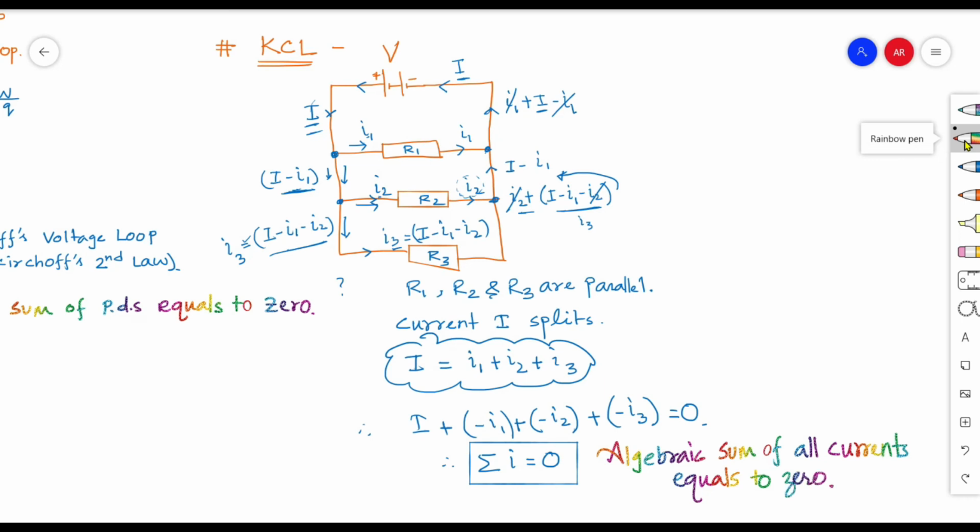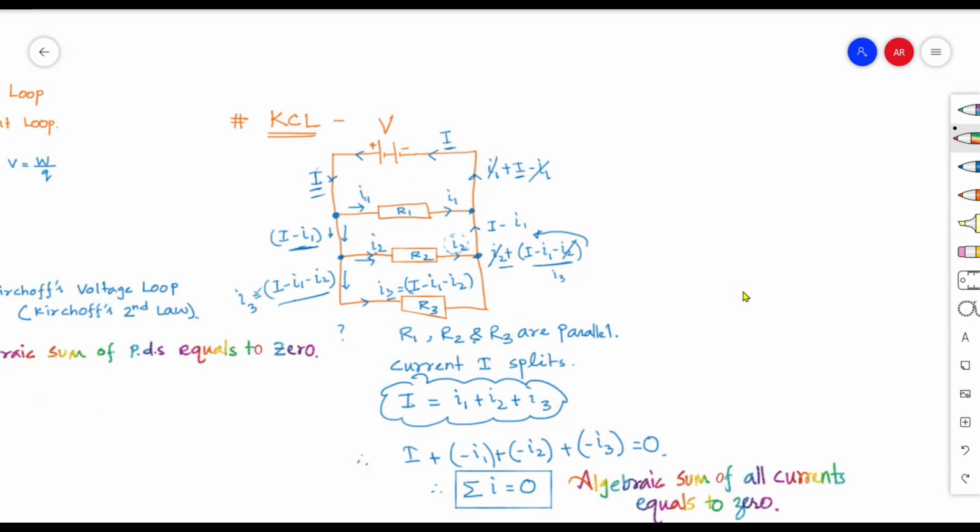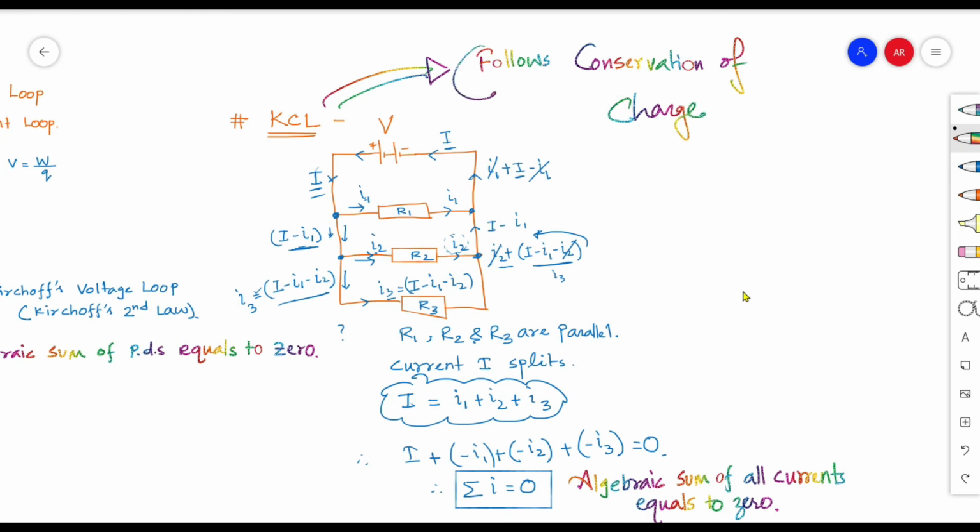This particular law, the first law or Kirchhoff's current law, is based on conservation of charge. So two basic principles of physics, conservation of energy and conservation of charge, are being considered in these two laws, what we call Kirchhoff's first law and second law.